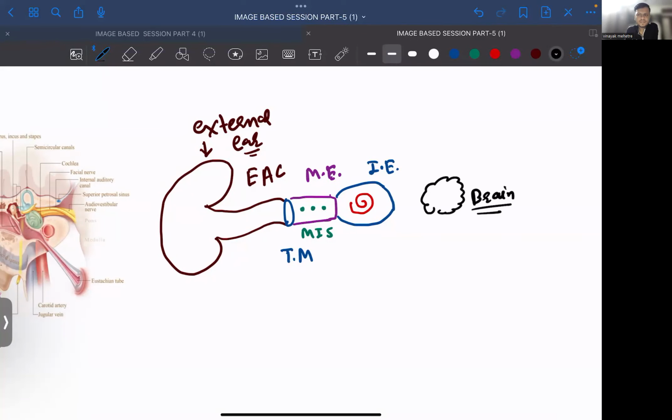Anyone? Yes, it is the 8th nerve. The inner ear is connected with the brain by the 8th nerve.